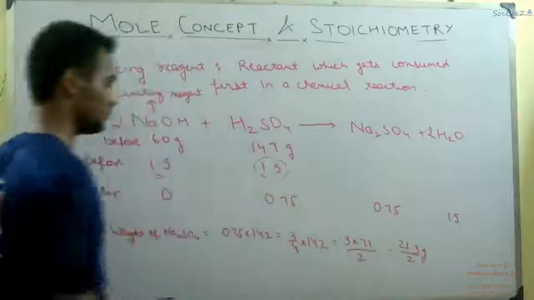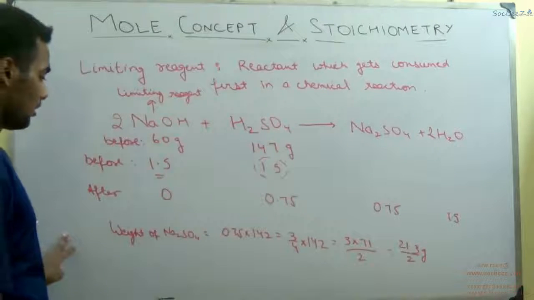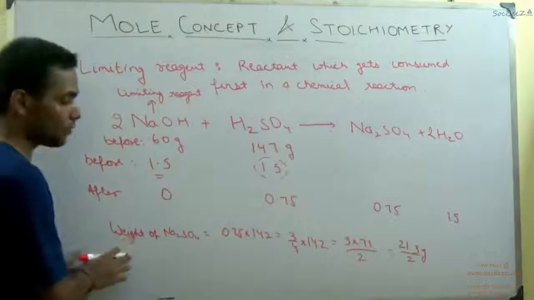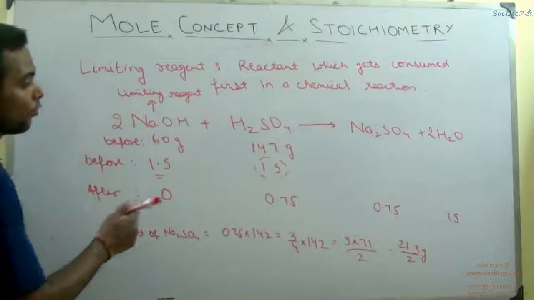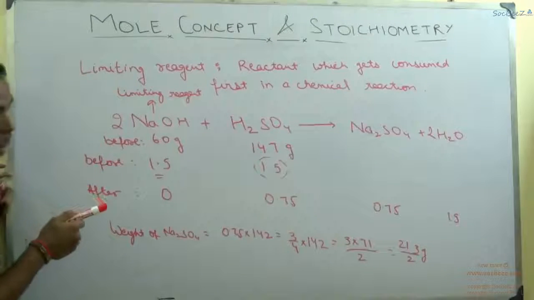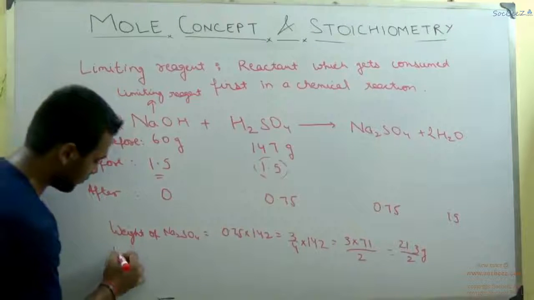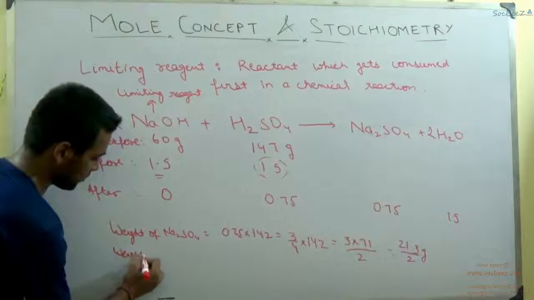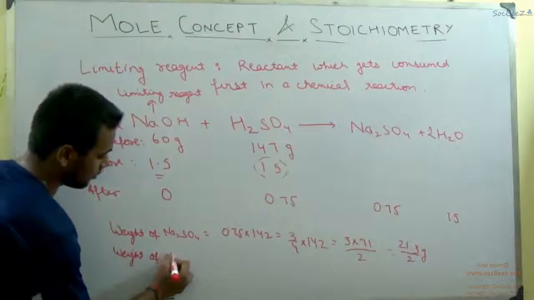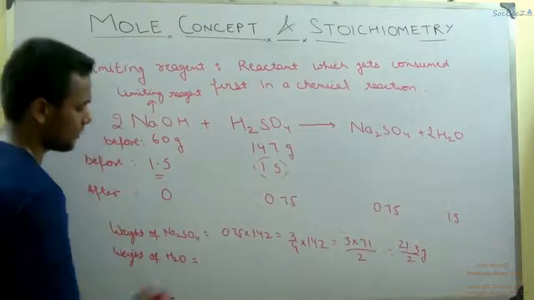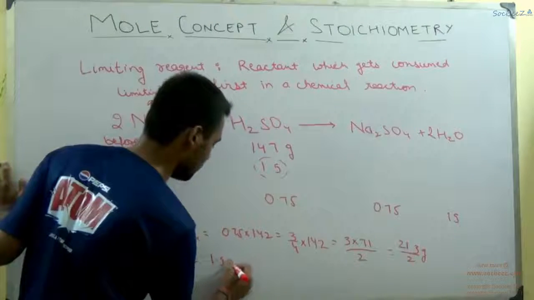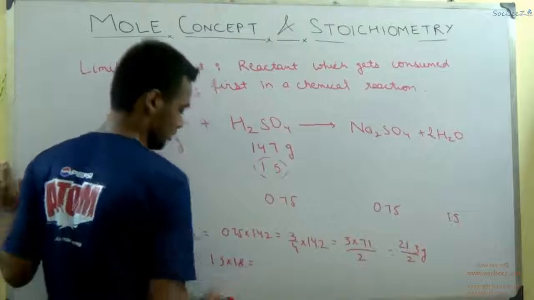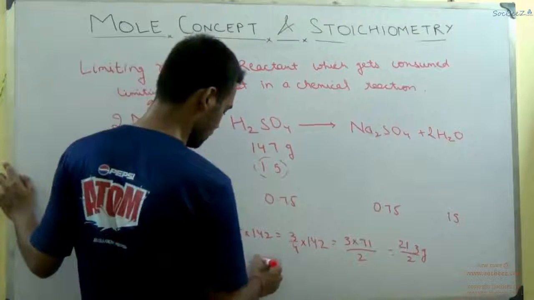So, now let's calculate the weight of H2O which is formed. 1.5 mole of H2O is formed in this chemical reaction. Therefore, weight of H2O formed is 1.5 into 18. So this comes out to be 27.